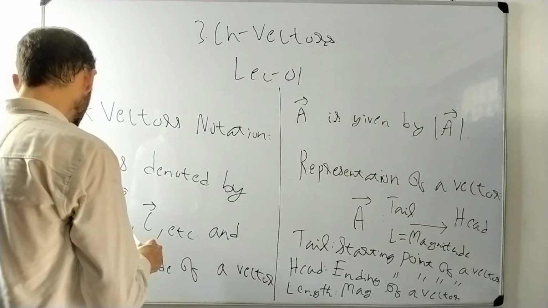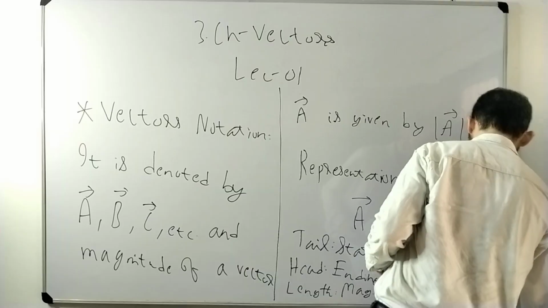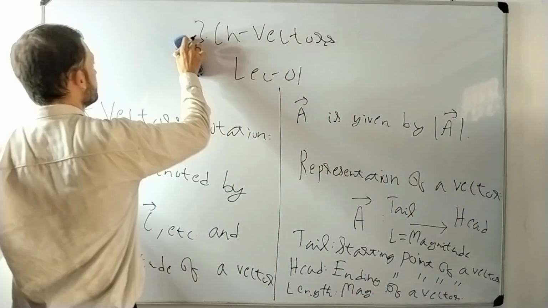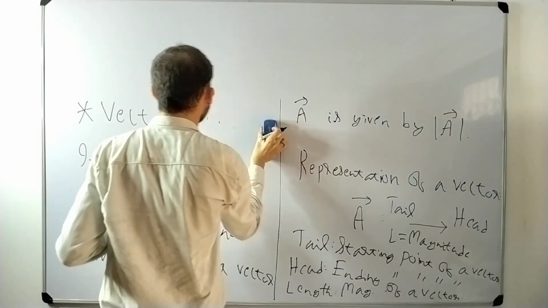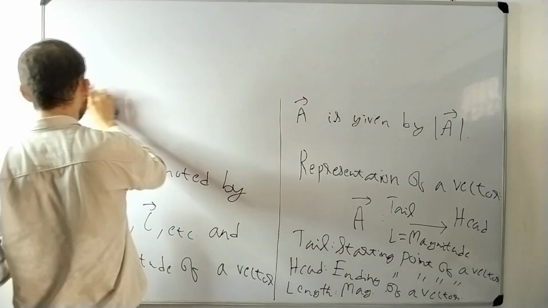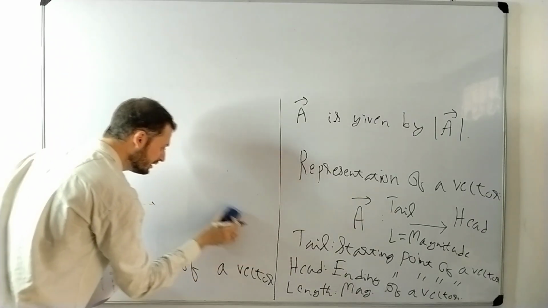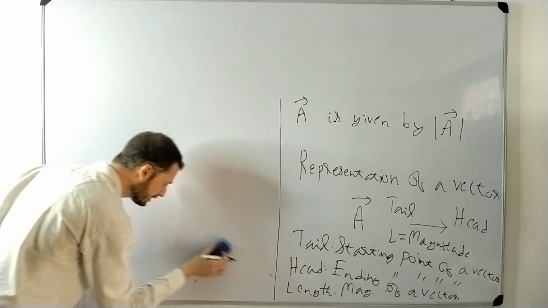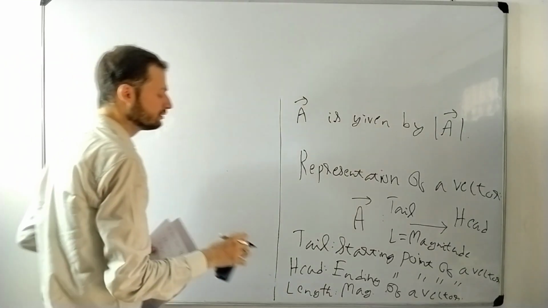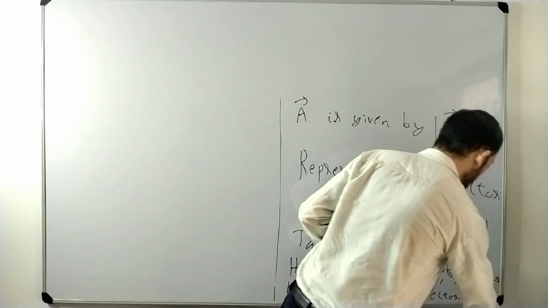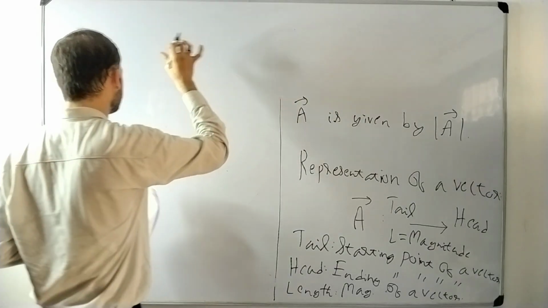Now moving forward to another question, a question regarding theory, students. Can a vector be represented by a single letter, not multiple letters? The answer is that a vector can be denoted by two letters.